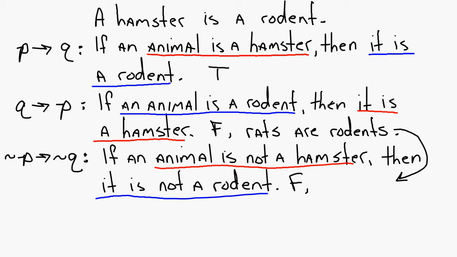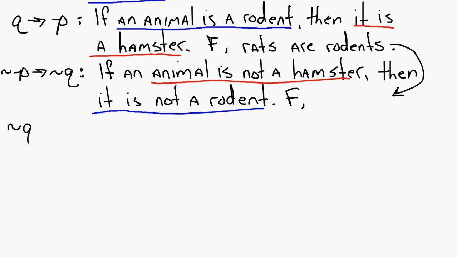All right, and then finally the contrapositive. The contrapositive negates the converse. So we're going to negate the conclusion, then we're going to negate the hypothesis.